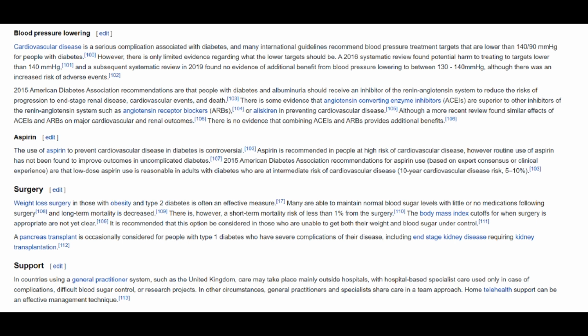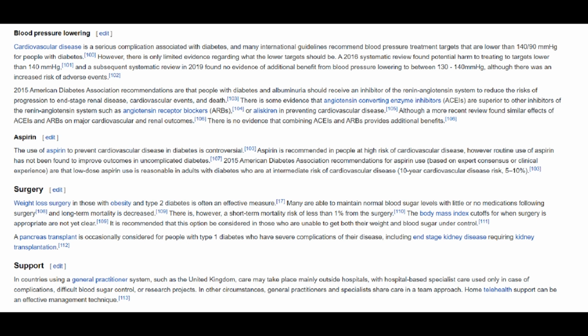There is some evidence that angiotensin-converting enzyme inhibitors, ACE, are superior to other inhibitors of the renin-angiotensin system such as angiotensin receptor blockers, ARBs, or Aliskiren in preventing cardiovascular disease. Although a more recent review found similar effects of ACE and ARBs on major cardiovascular and renal outcomes. There is no evidence that combining ACE and ARBs provides additional benefits.